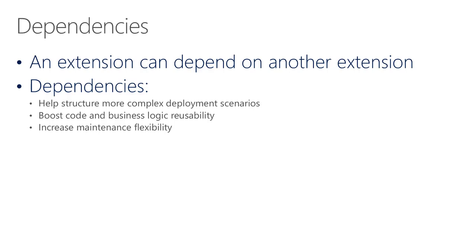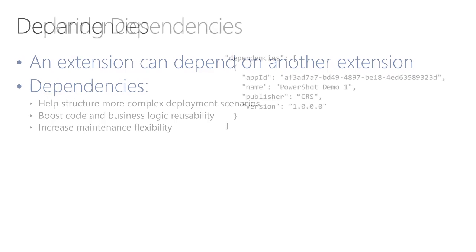It boosts the code and business logic reusability because you can contain certain pieces of business logic within certain apps without providing access to the code from other apps. It really helps structure those capabilities.